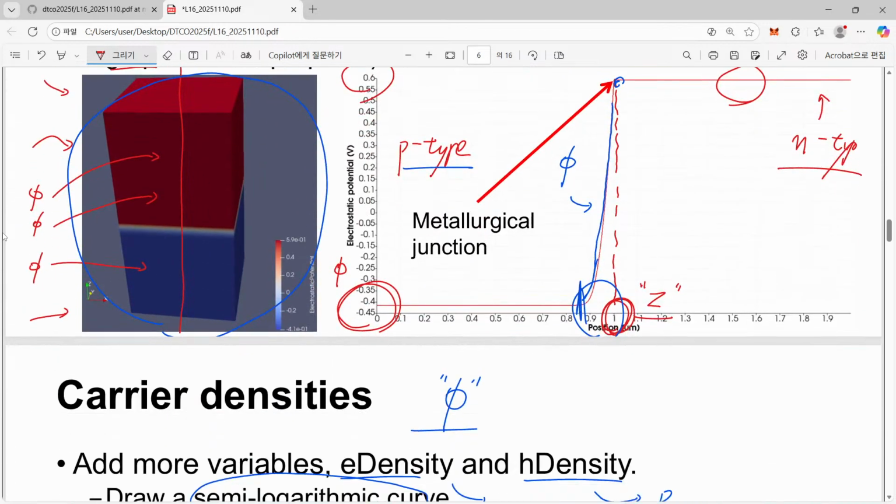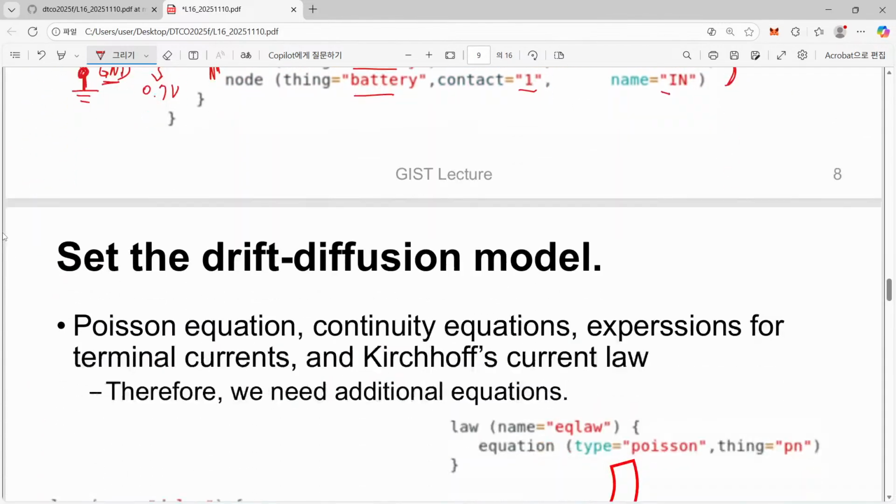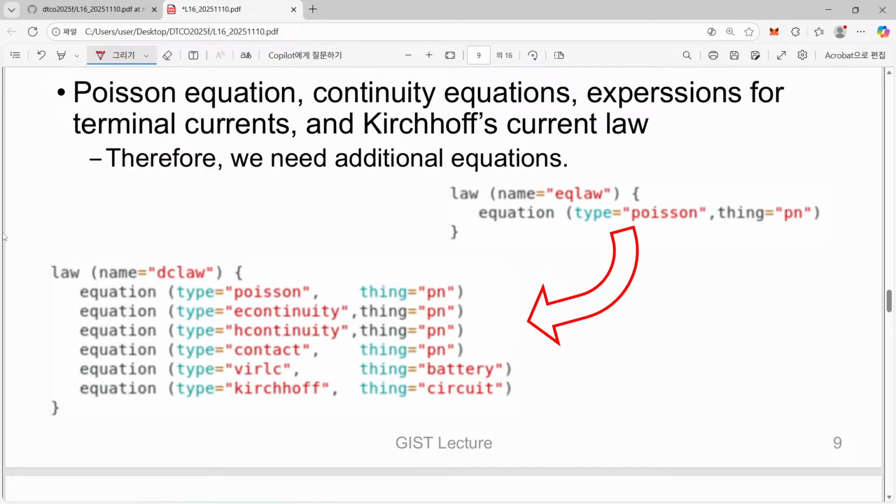So that's the reason why we must declare another specification for the physical model. Previously we just had the Poisson equation, but now we have a lot more for our PN junction, and here we have two additional equations. These are named E continuity and H continuity. Please guess what they are.